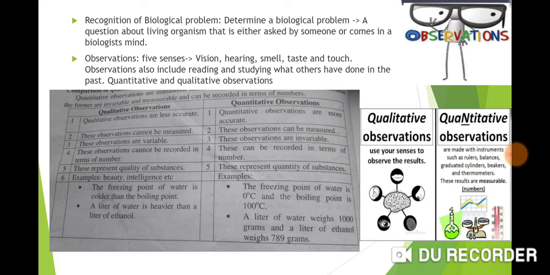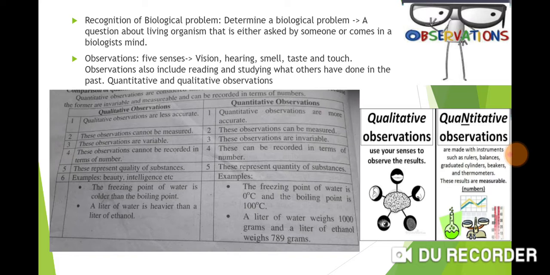Observation. We use our five senses to observe a problem. We can go through certain readings and studies which have happened earlier in history about the same problem, and then we go for the qualitative and quantitative analysis of the problem during our observation process.